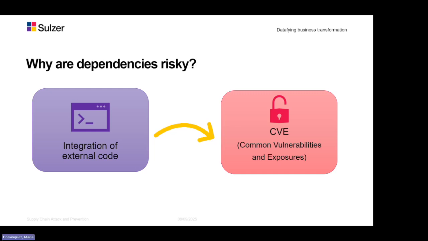External code might contain known vulnerabilities like CVEs. CVE is a standardized system for identifying and cataloging publicly disclosed cybersecurity vulnerabilities. These common vulnerabilities and exposures can lead us to security issues if left unpatched.